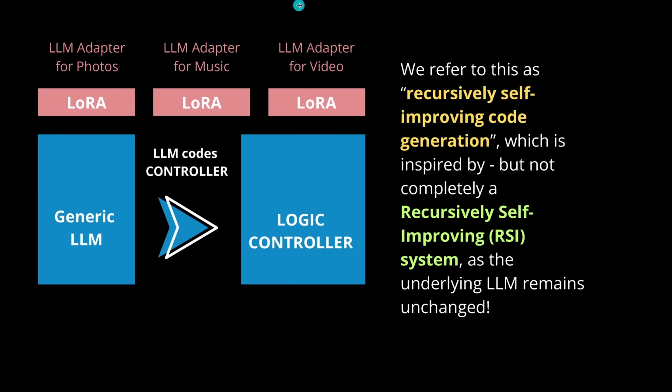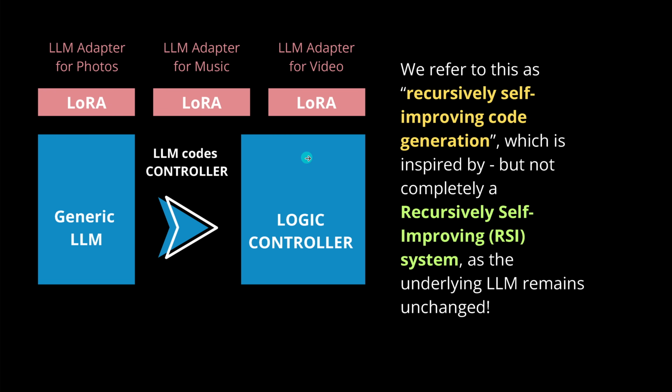We have a generic LLM, and this is beautiful, and we have, like Apple has it now, the different adapters if you want to do something with your photos, or with your music, or if you want to optimize your videos that you take on your iPhone, great. And you have just one generic LLM. And now we have this logic controller, this intelligence shield, this, as it's officially called, recursively self-improving code generation object here in front of our generic LLM.